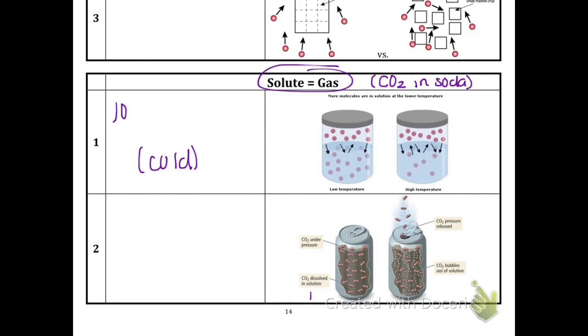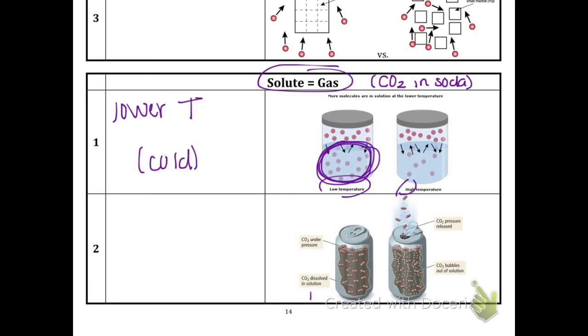That means we need to lower the temperature. The colder it is, you have more gases inside this liquid, so you basically get more carbonation. But the hotter it is, you get less carbonation, and that's why it starts tasting really flat, right?